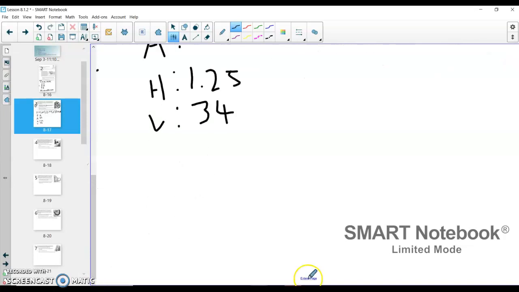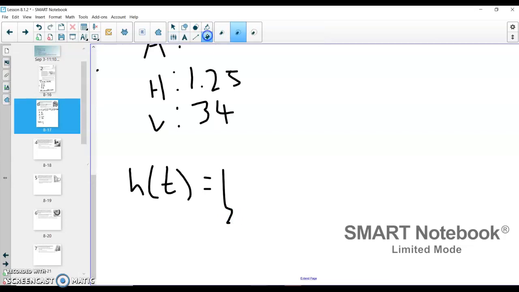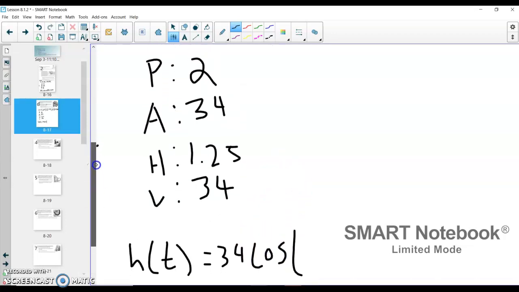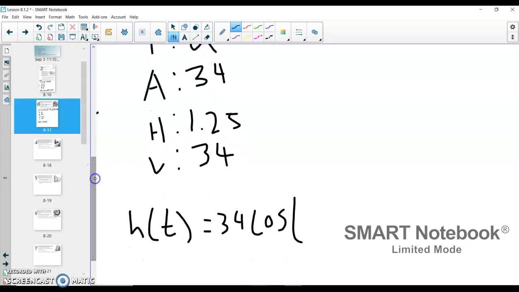This is again a cosine function, represented by h of t. The amplitude is where we start, and this has an amplitude of 34 times the cosine of your period. Remember, it's 2 pi divided by your period, so that's 2 pi divided by 2, where the 2's would cancel and it would really just be pi.